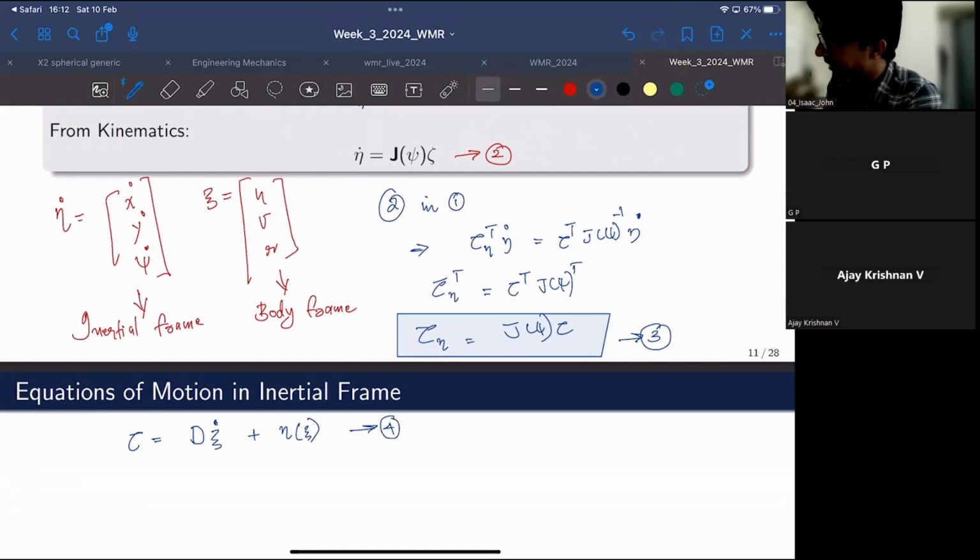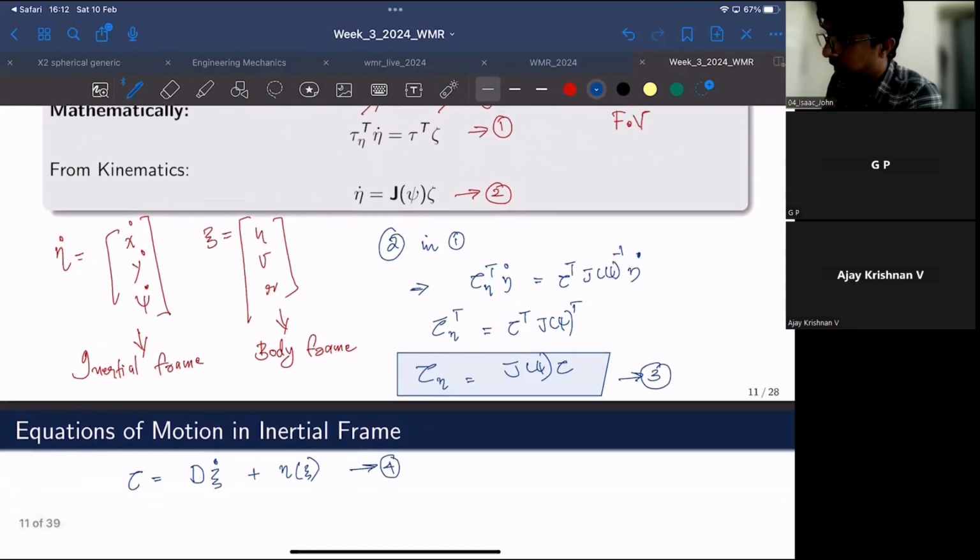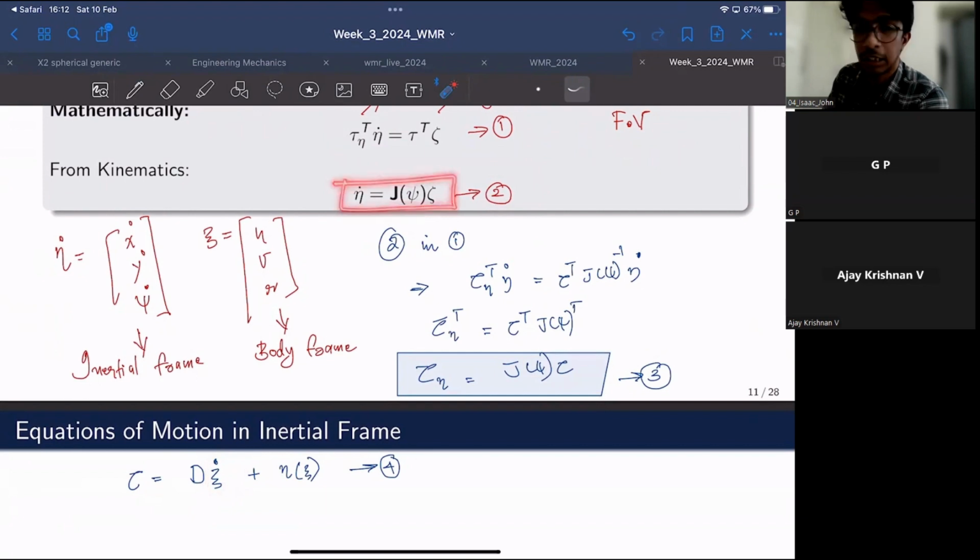And from equation 2, we know for a fact that eta dot is J of psi times theta dot. If I take the derivative of this term, we have a theta double dot term here, and here we only have the theta dot term. So if you want to get the theta double dot term, we have to take the derivative of equation 2.